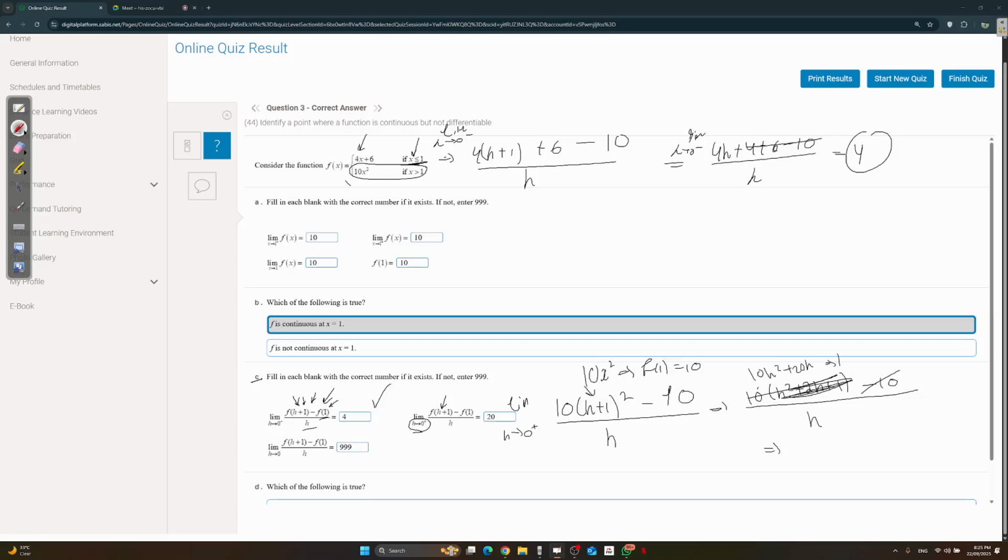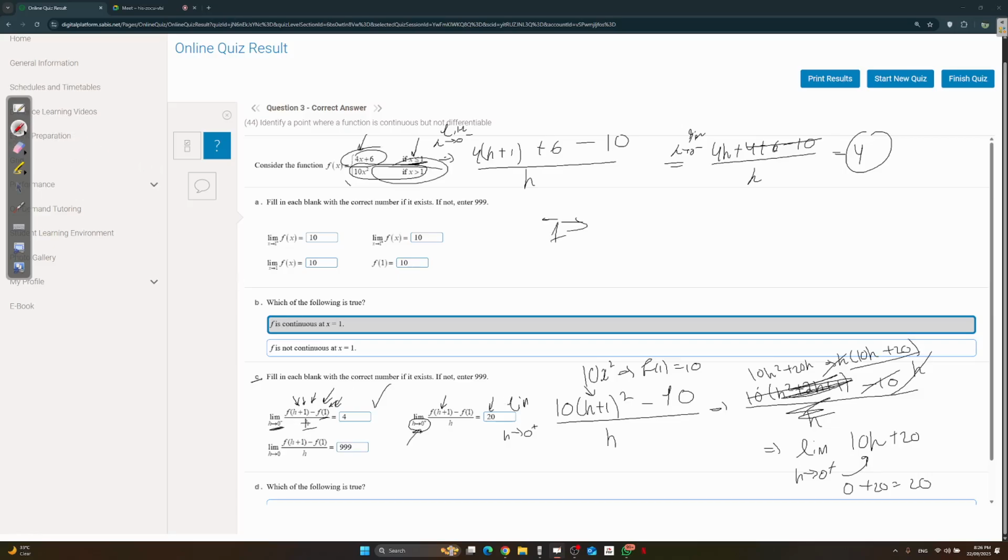If you factor out the h, you get 10h plus 20 all over h. Cancel, because I factored. You're going to get the limit as h approaches 0 plus of 10h plus 20. Substitute your limit now, so you get 0 plus 20, which is 20. That's why the answer here is 20.